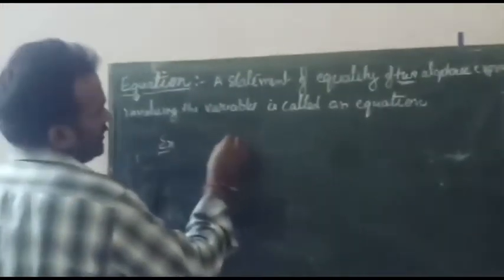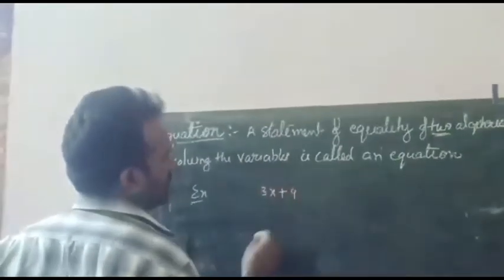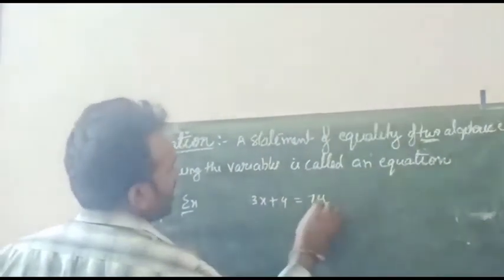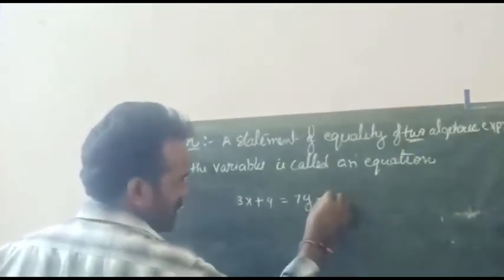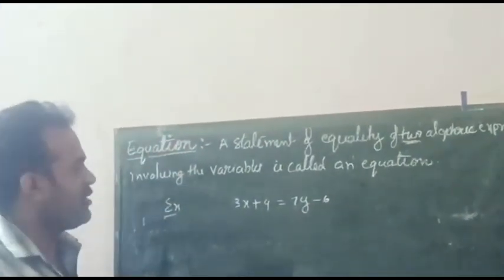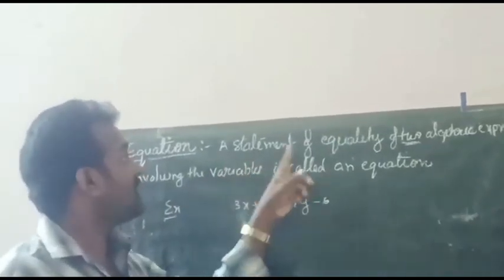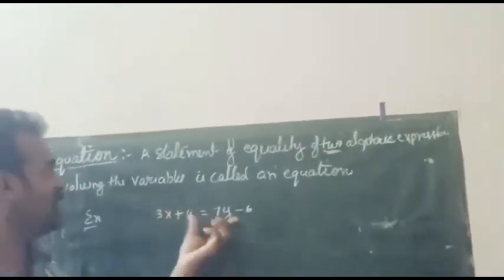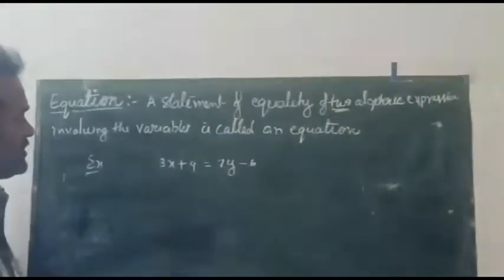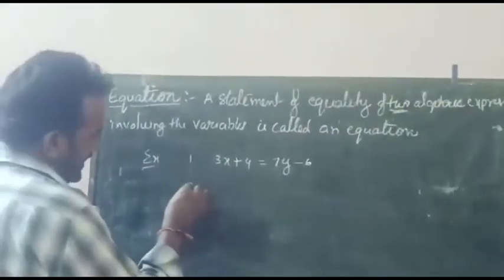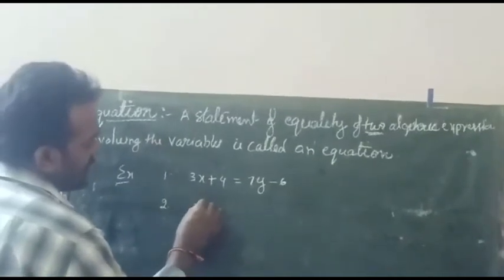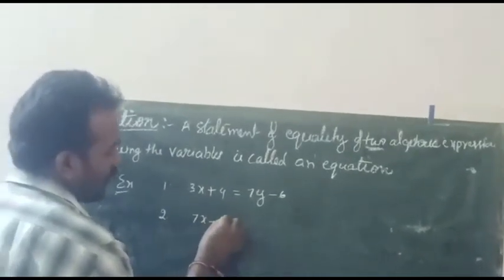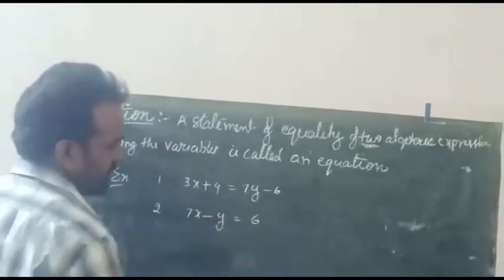For example, 3x plus 4 is equal to 7y minus 6. This is one example. This is one algebraic expression and this is also one algebraic expression, so it is an equality of these two algebraic expressions. Next, the second example is 7x minus y is equal to 6.